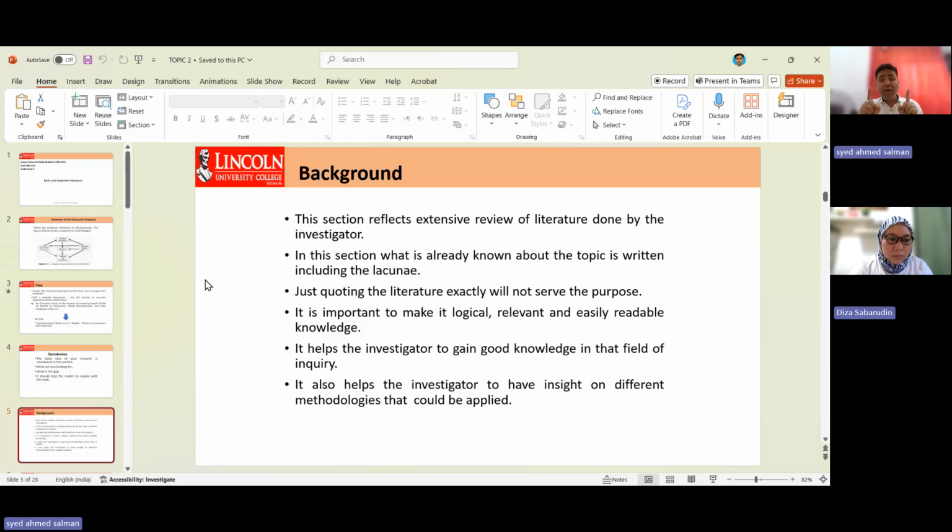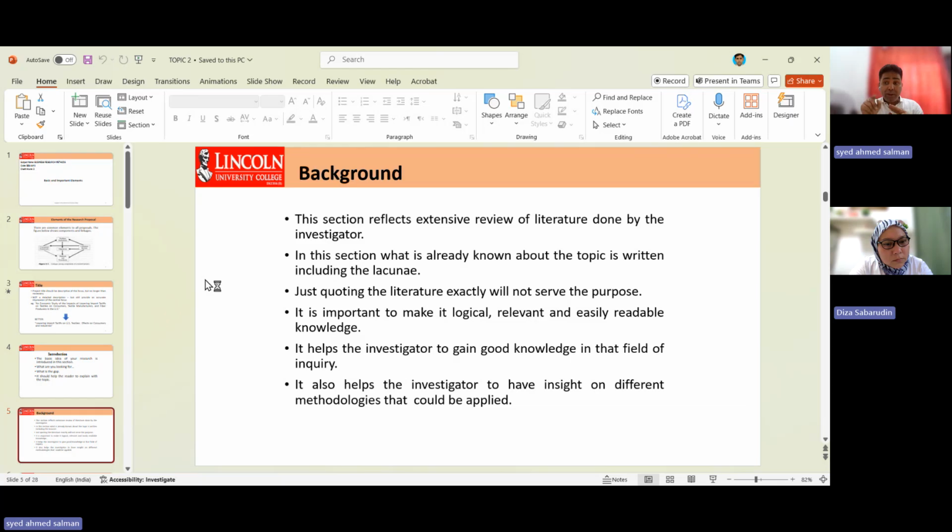So, whenever you are writing the background of the study, you should have hundreds of articles in your computer. You are going to write with the support of the latest articles.